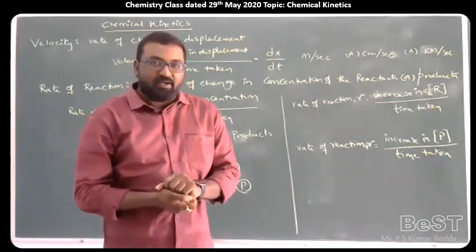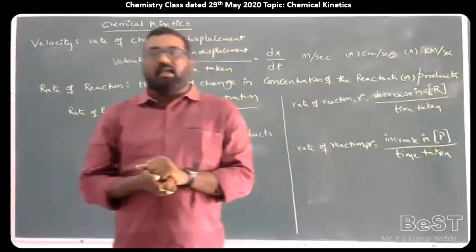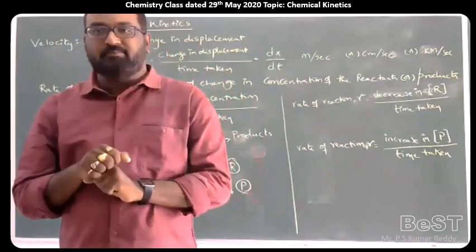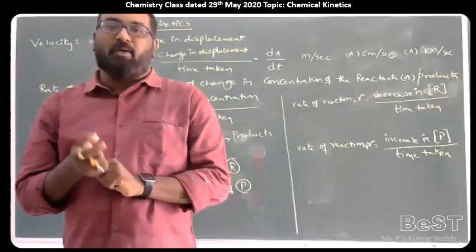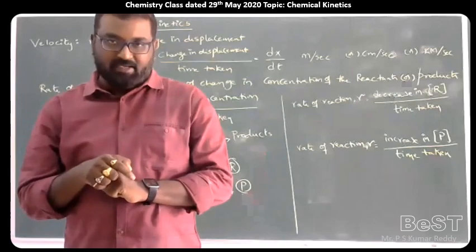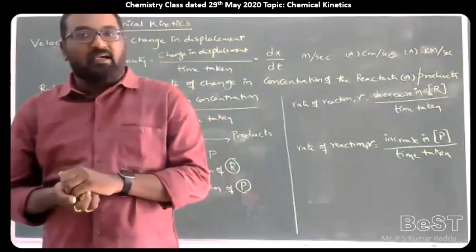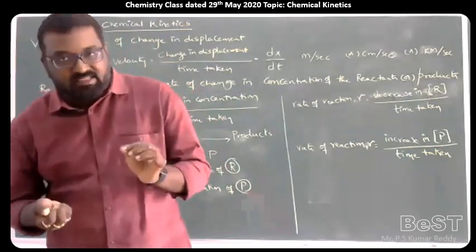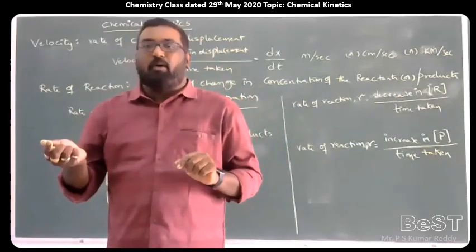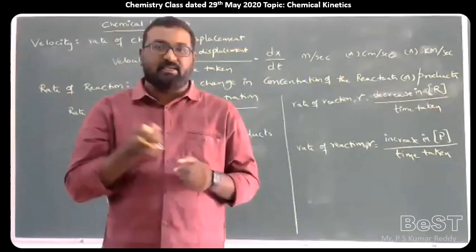So with respect to reactants, rate of reaction is the decrease in concentration by time taken, and with respect to products, it is the increase in concentration of products by time taken. Because in a reaction, reactants concentration decreases and products concentration increases.